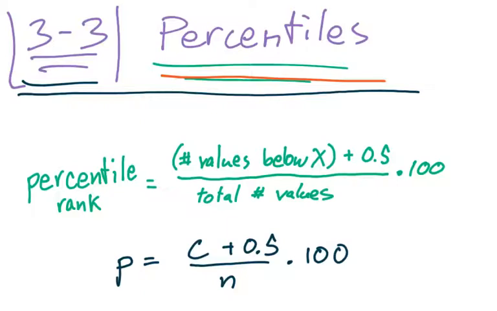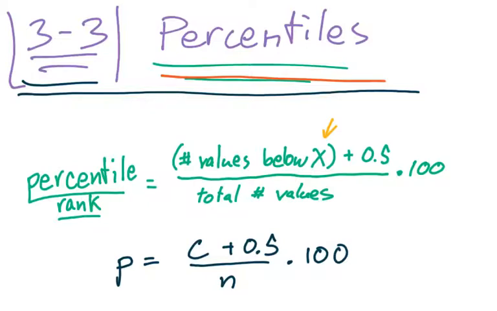The percentile, or the percentile rank, is defined as the number of values below x. So x is some value in your data set, and you count the number of values that are below that. You have to arrange them in numerical order to do this, similar to how we find the median.